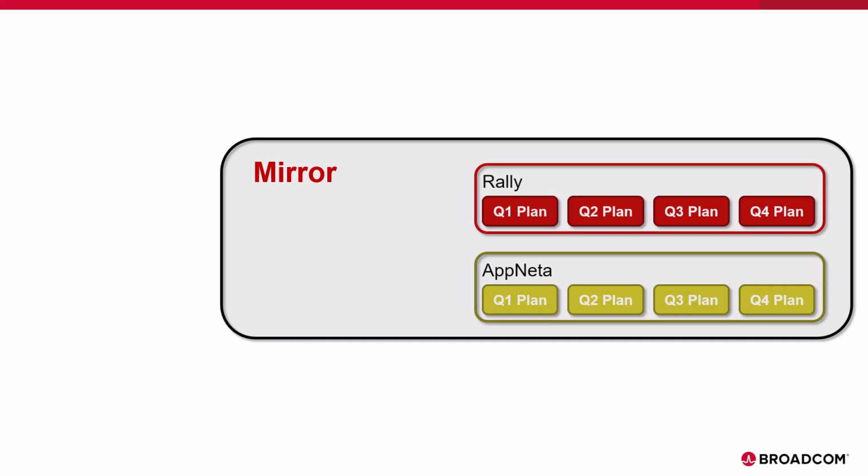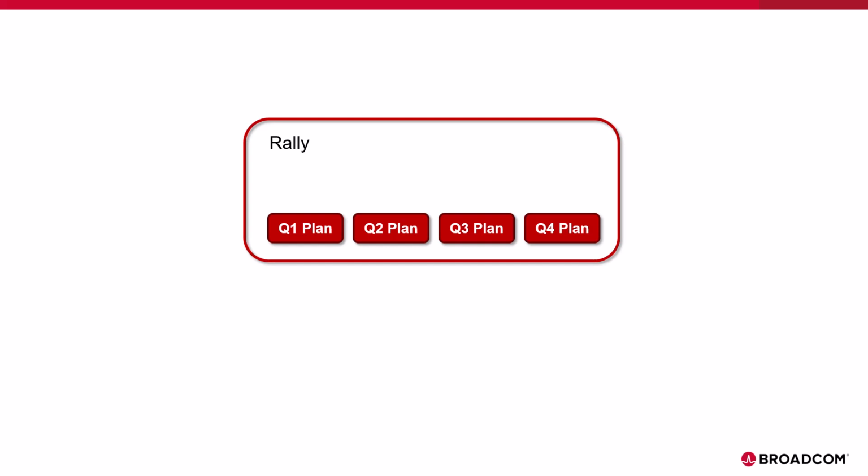Regardless of the reasons that you need a mirror plan, this plan is still created at the initiative level, one level higher than your child plans. But those initiatives are assigned to individual teams instead of being assigned to a higher level project in the hierarchy. Another possible scenario is that the Rally team just wants a plan of plans for Rally so they can plan for a longer time frame and at a higher, more strategic portfolio level.